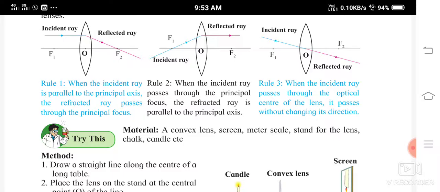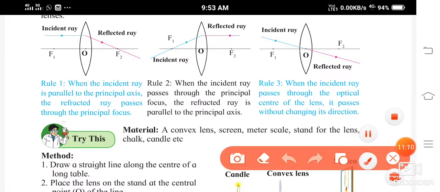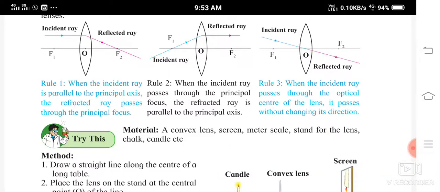So here also, when the incident ray passes through the optical center of the lens, it passes without changing its direction. In the case of the mirror, the ray was going to pass through the same path.